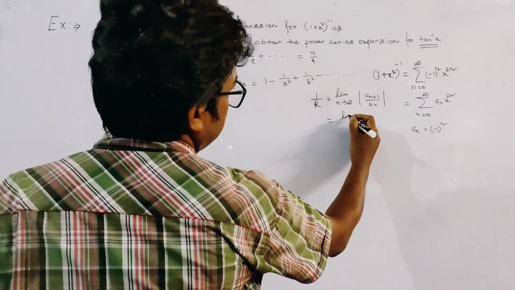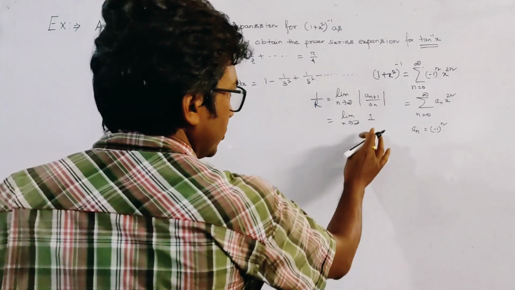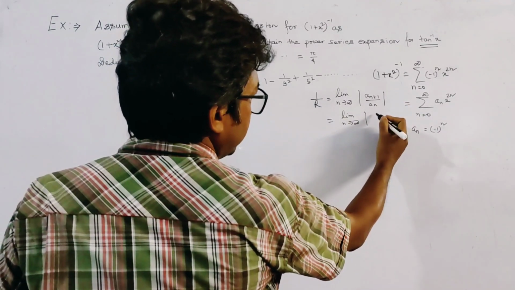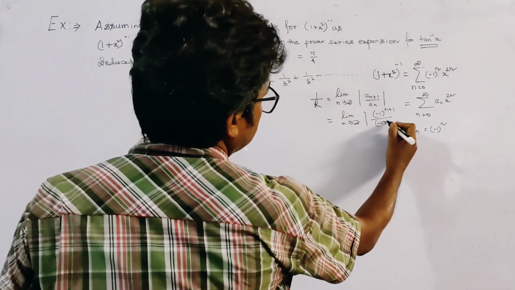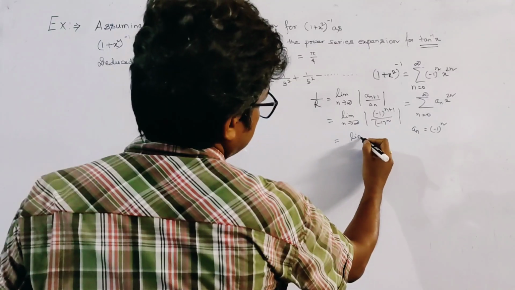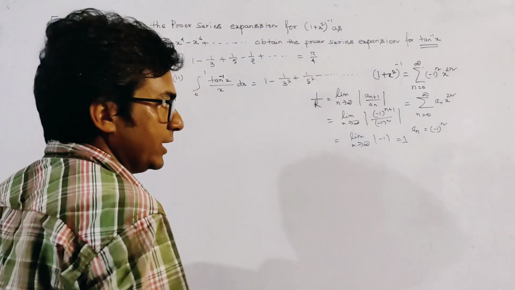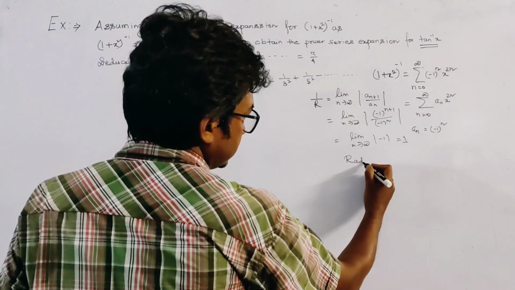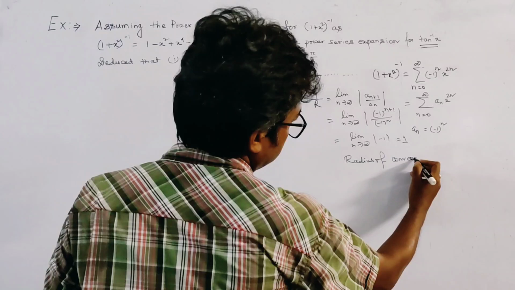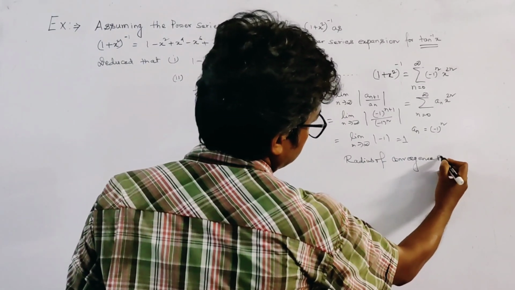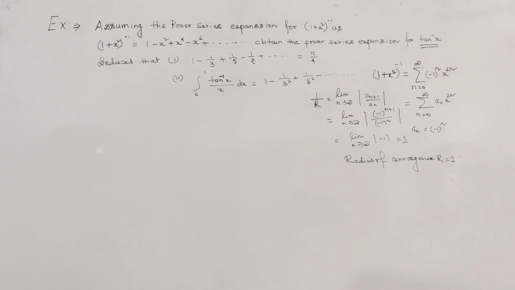If we put the value of n plus 1, we get minus 1 to the power n plus 1 upon minus 1 to the power n, so this is limit n tends to infinity mod of minus 1, which is equal to 1. Hence the radius of convergence r is equal to 1.